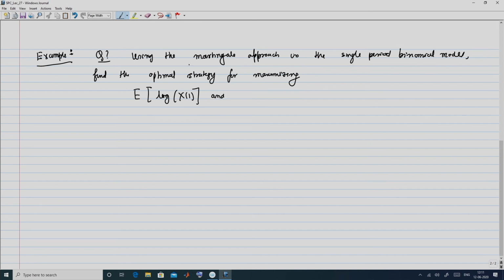So, what I am asking is to use the Martingale approach to find the optimal strategy with log utility and power utility for a single period model, for gamma less than 1.